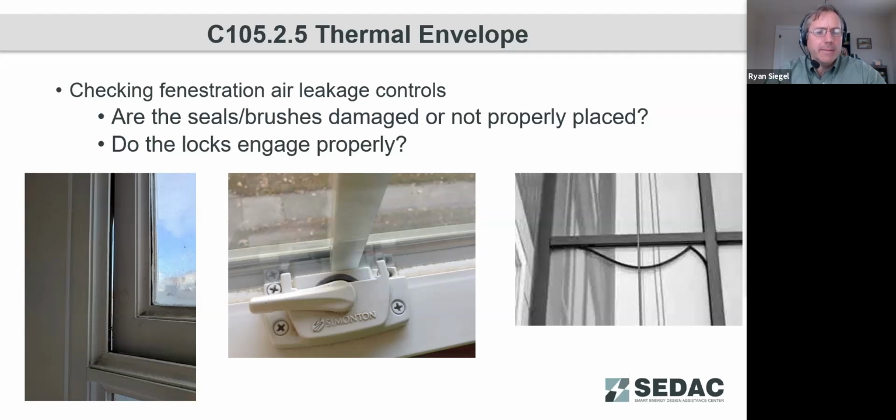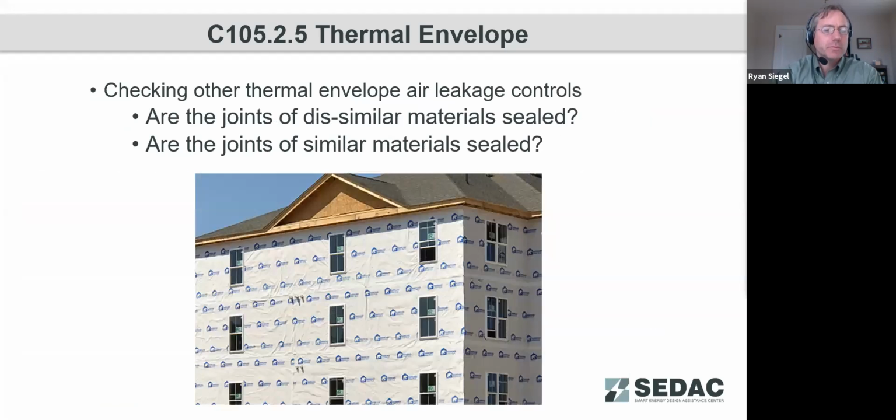And so if a building does a pressure test, this can be something that can be identified or observed much more quickly than if we rely on just time to do that for us. So again, checking for our air leakage, do we have the joints sealed? Here we're showing a building that appears to be using a building wrap product.